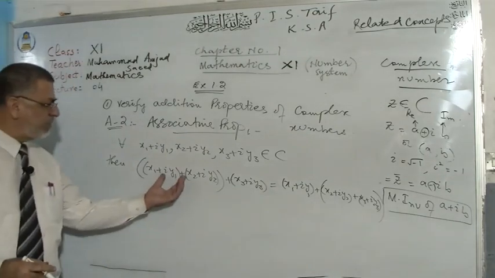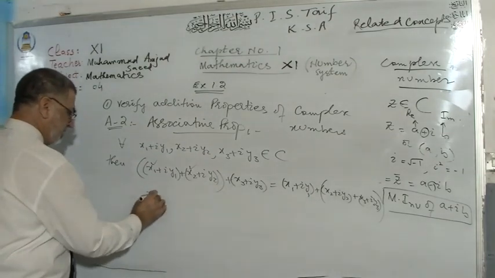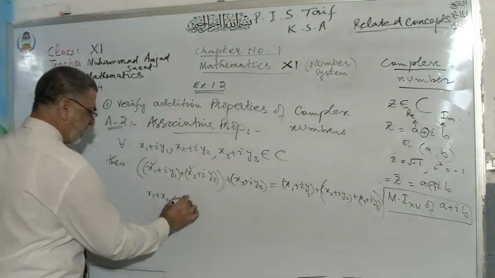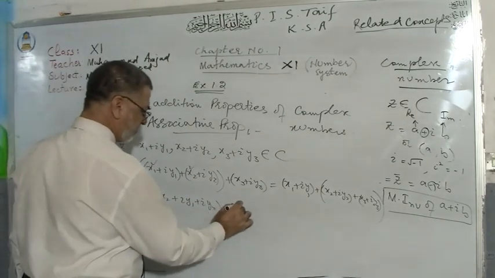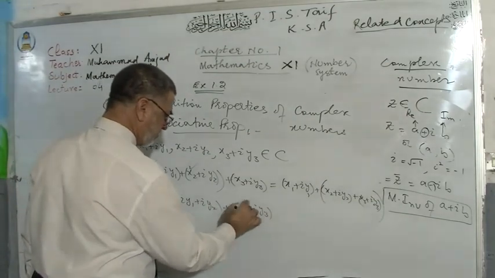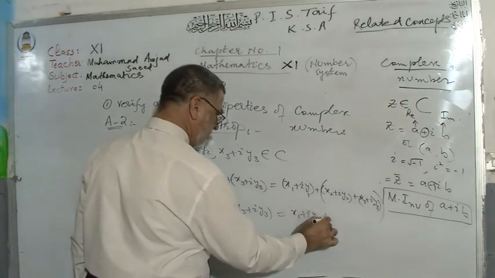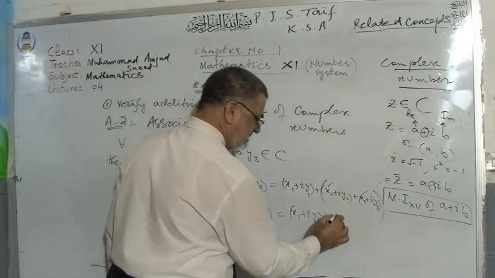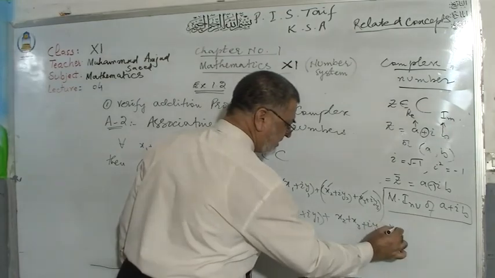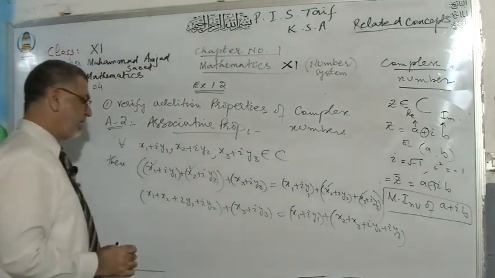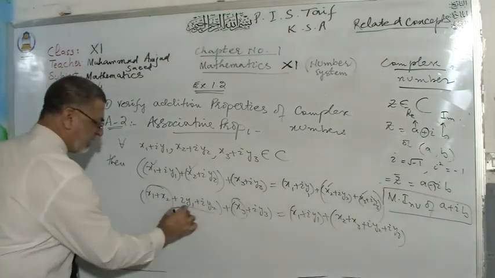Dear students, in case of addition of two complex numbers, you can write down directly real plus real, imaginary plus imaginary. x1 plus iota y1, real plus real, x2 plus x3, imaginary plus imaginary. Again, real plus real, imaginary plus imaginary.